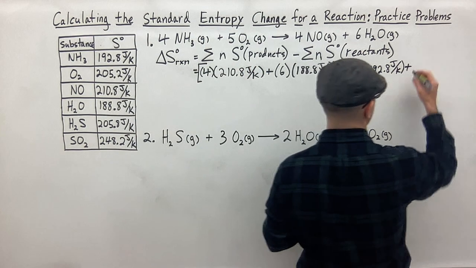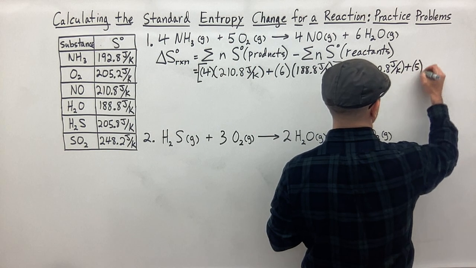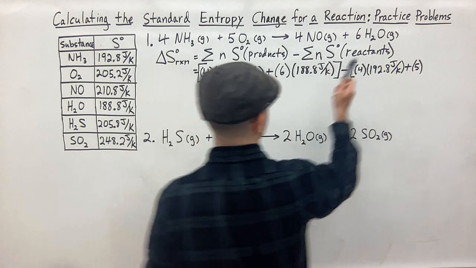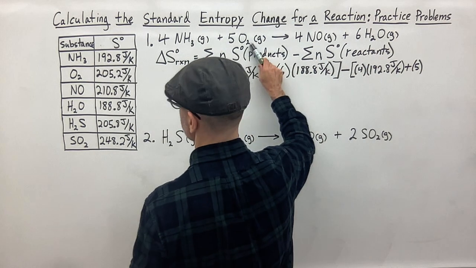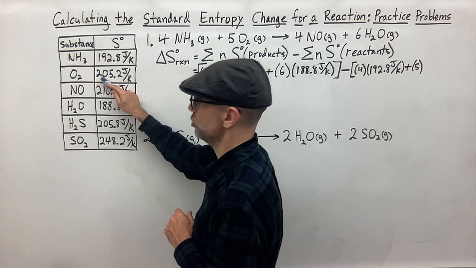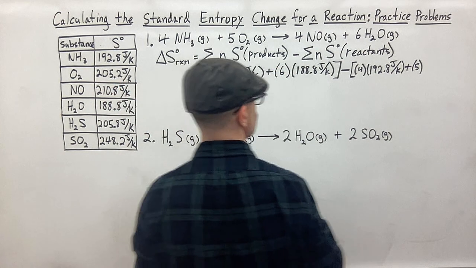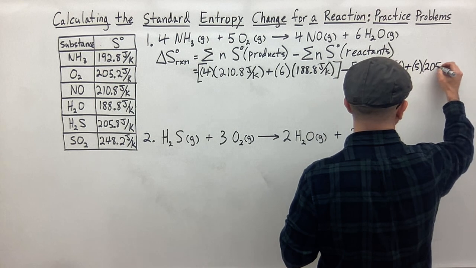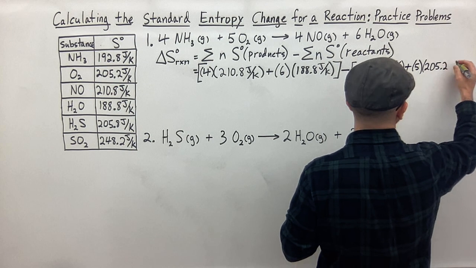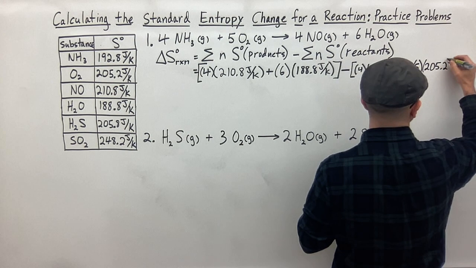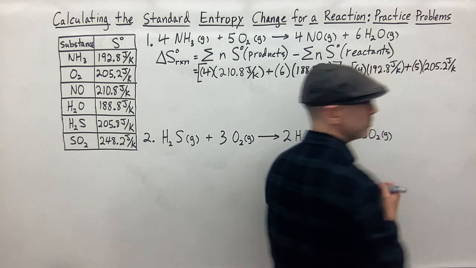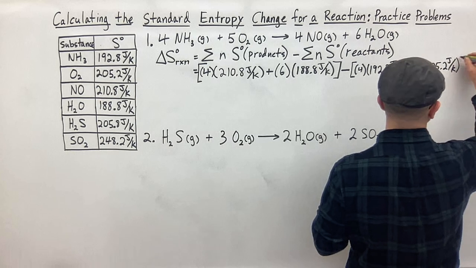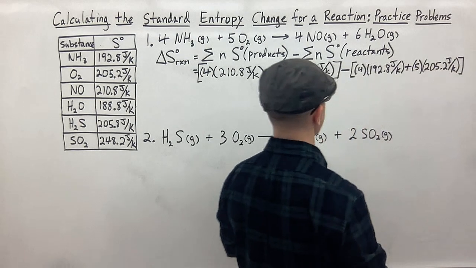We have 5, so we multiply that by 5, and we multiply that by the entropy of oxygen. We look at our table, 205.2 joules per Kelvin. And then we close that out with a square bracket.